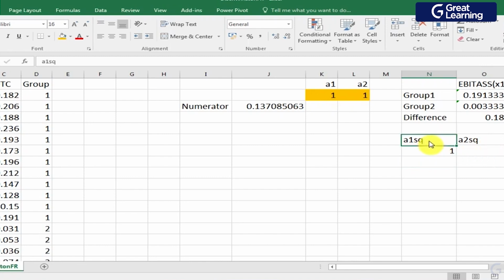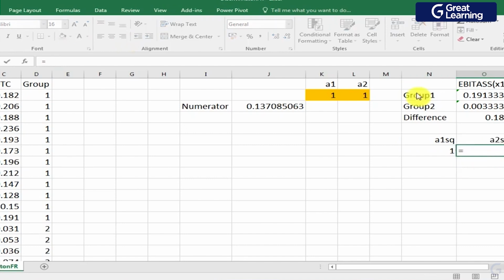Then A2 square. What is my A2 square? Is equal to square, the second one. Because everything must be a formula for Excel to understand. Sometimes people write 1, 2 and then they're not getting the answer, so I'm avoiding that. I am forestalling objection. I know the trap, so I'm just saying that.